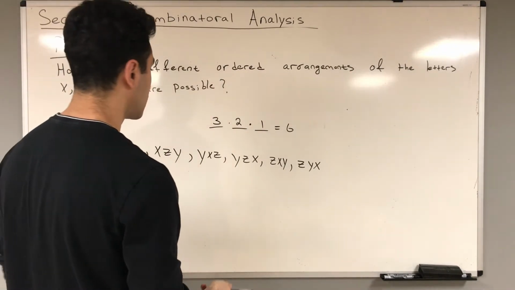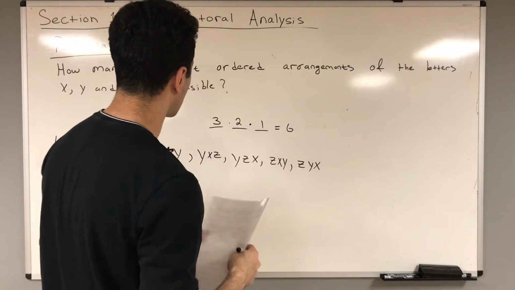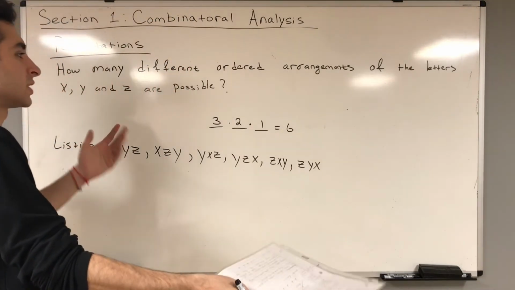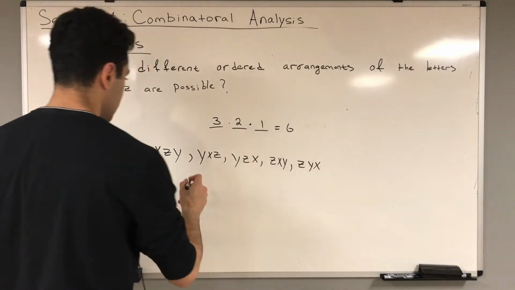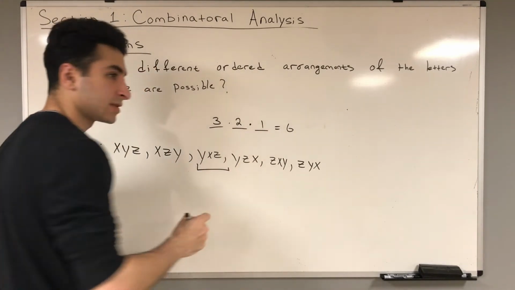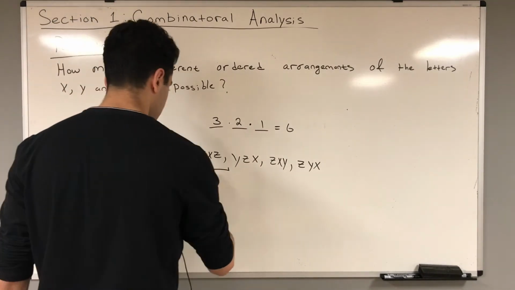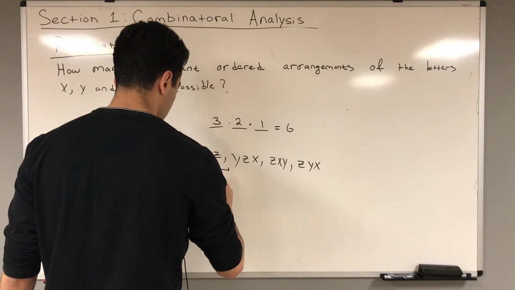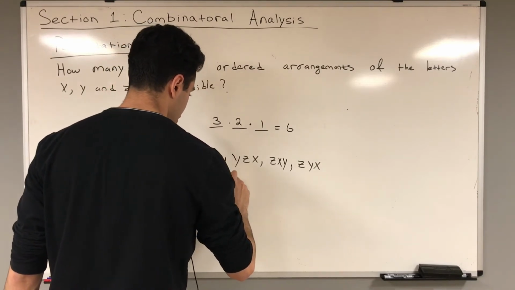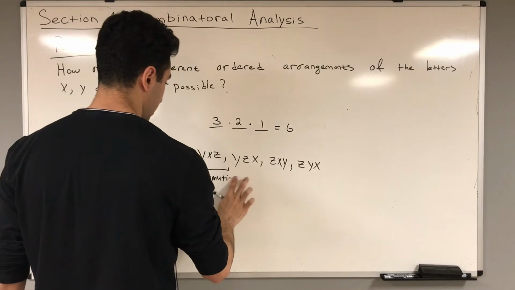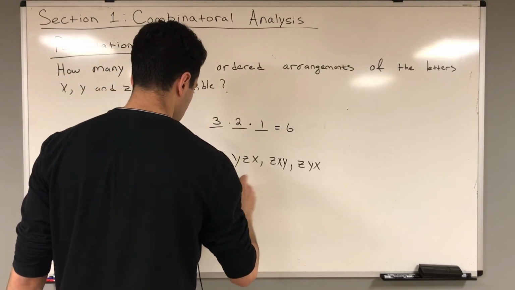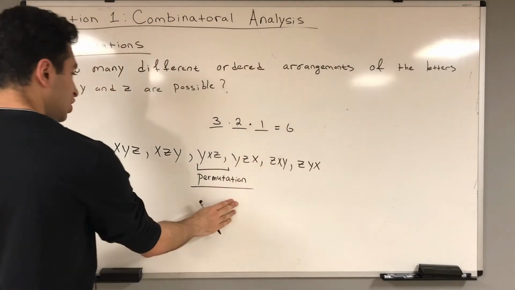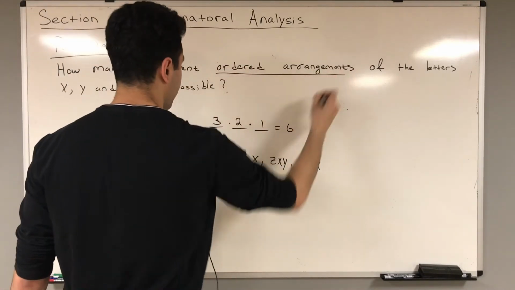Exactly what we got. And, you know, how does this relate to permutations? You know, what's going on? Well, each of these arrangements is a permutation. That's what a permutation is. Let's spell that completely wrong. Permutation. A permutation is an ordered arrangement.